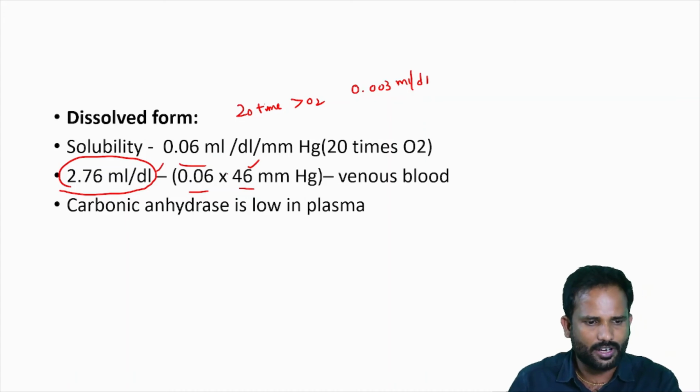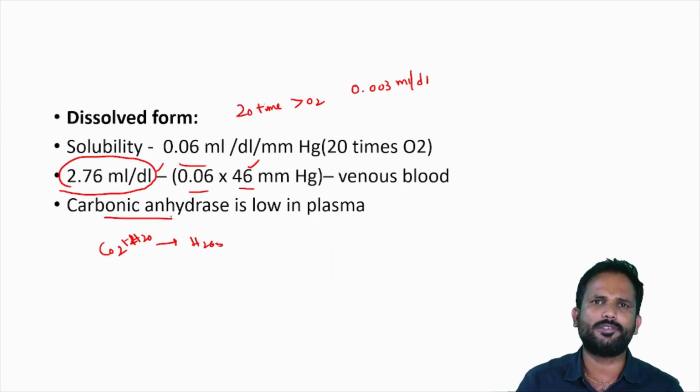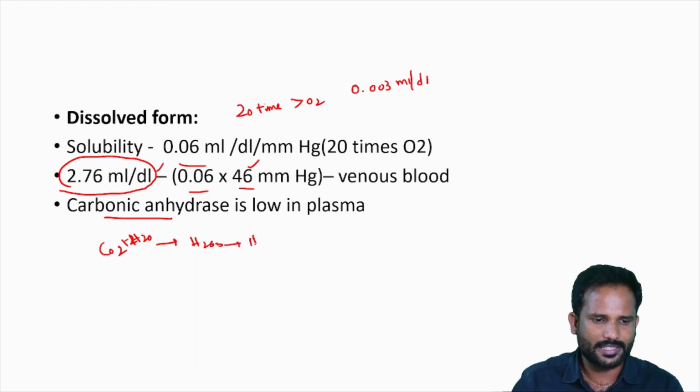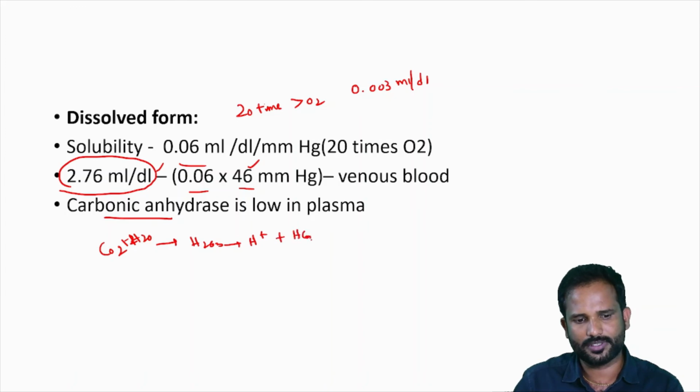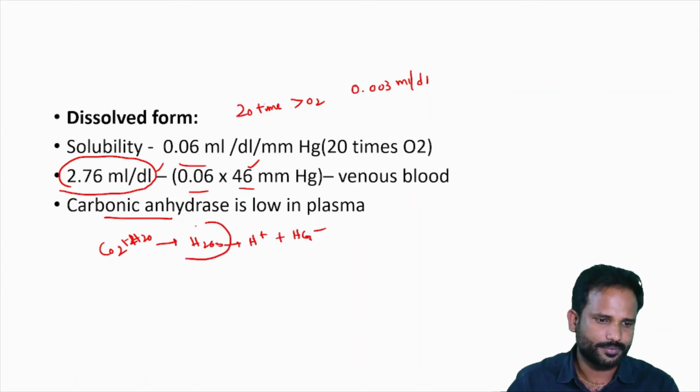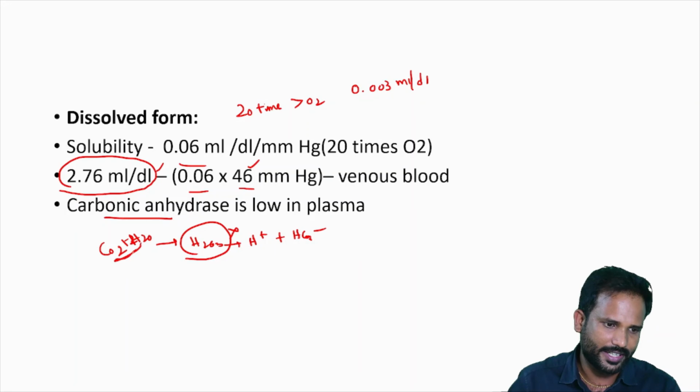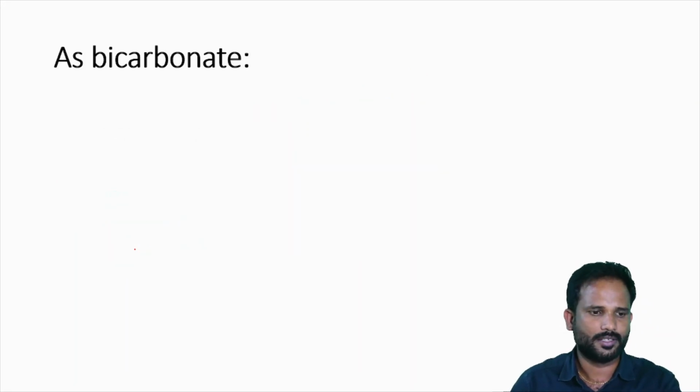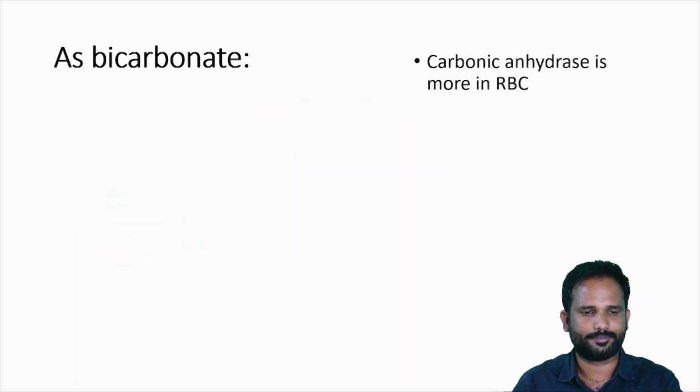The dissolved CO2 doesn't convert into bicarbonate or carbonic acid because carbonic anhydrase is very low in plasma. That's why this physical form remains as physical form. It doesn't convert into carbonic acid, which dissociates into H plus and HCO3 minus.